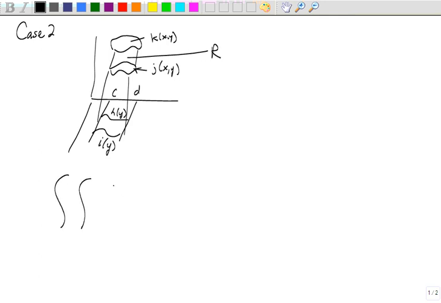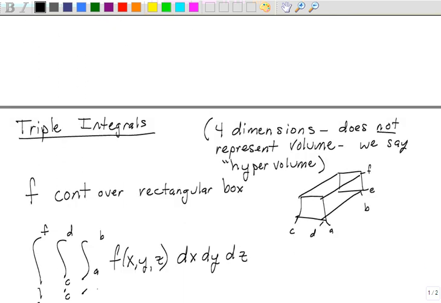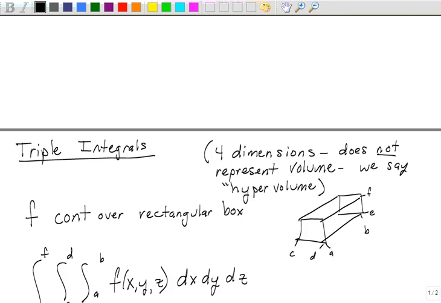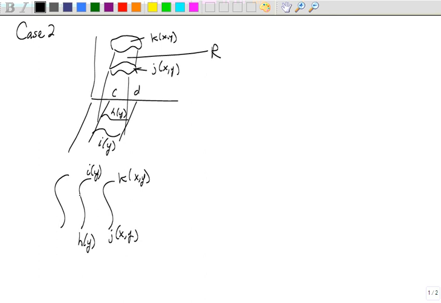This time we're going from j to k, that's the same. Then we're going from h to i, and then from c to d. So this order is z, x, y.